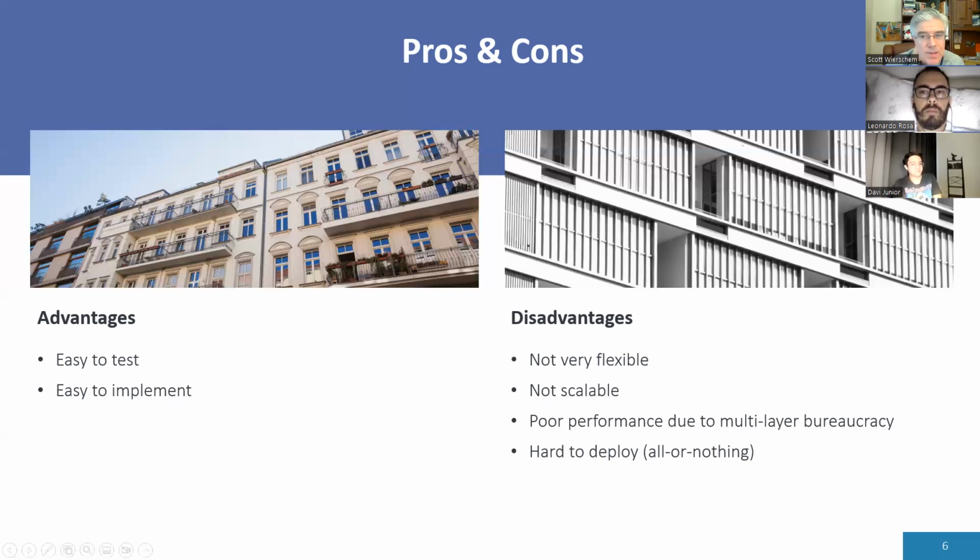Also, the performance can be limited because the request is going to have to pass through all the different multi-layer bureaucracy, I call it. Each layer has a direct relationship with the adjacent layer, and so any deployment is going to be an all or nothing thing. You can't just deploy one part of it. You're going to have to put it all in one unit.